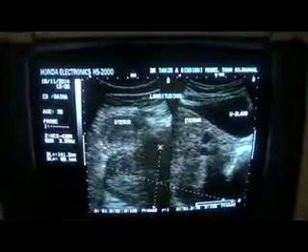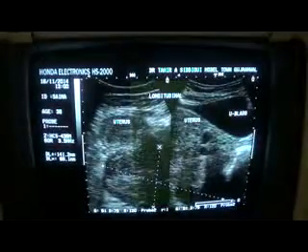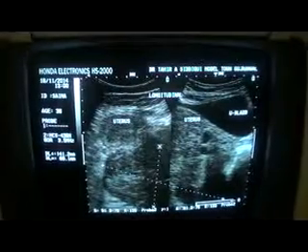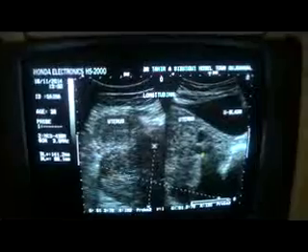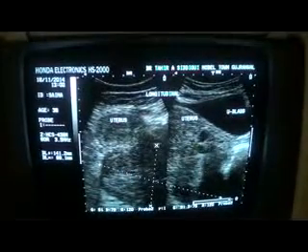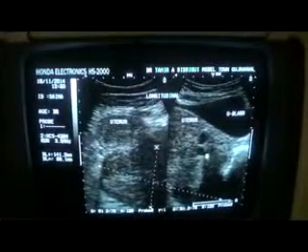So any fibroid that relates to the posterior lip of the cervix is always dangerous, should be removed immediately, because they have the potential to develop into some aggressive pathology.